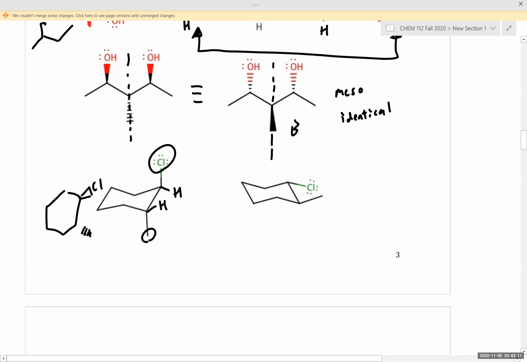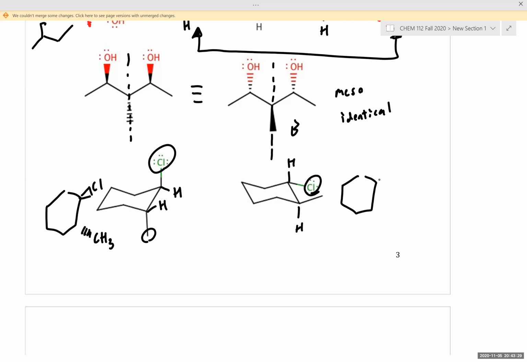Down, yep. Okay, in the structure on the right, is the chloride pointing up or down? It's pointing down.